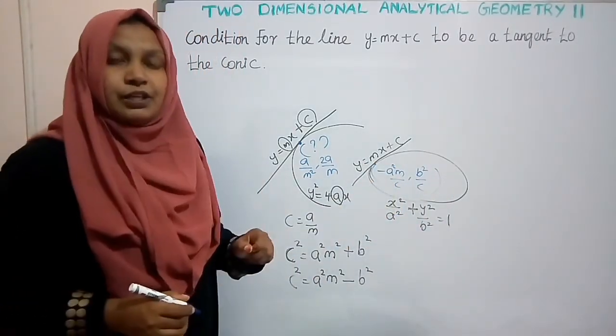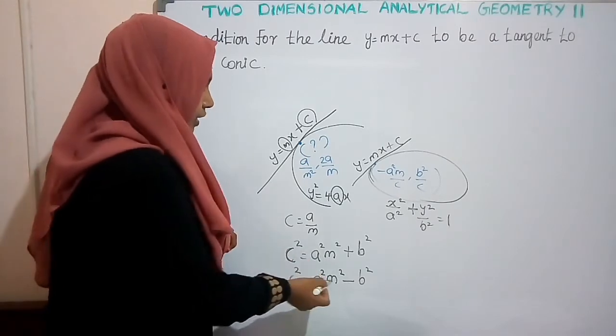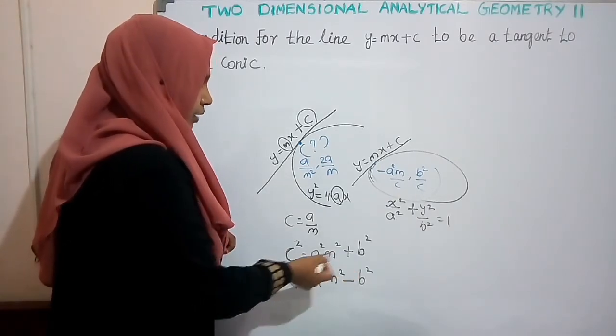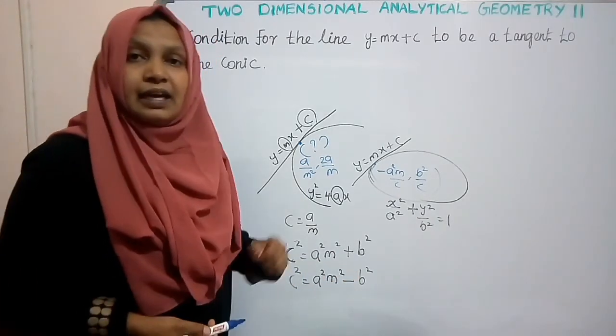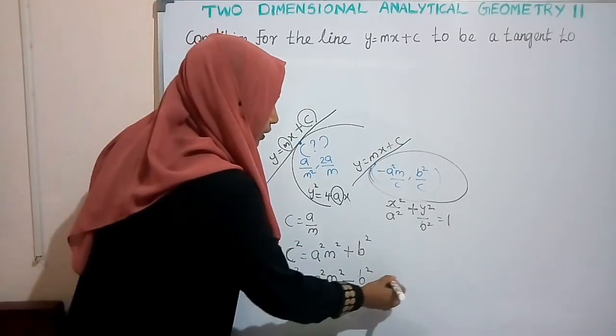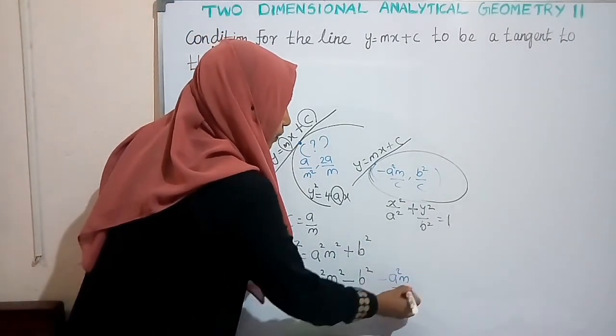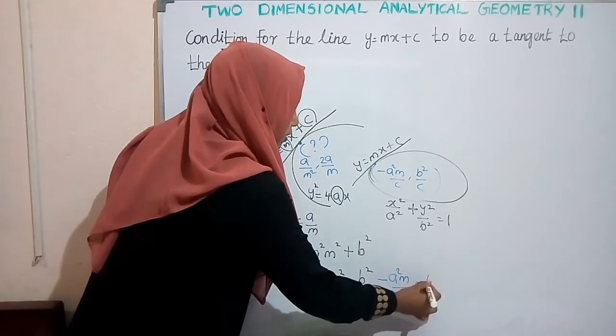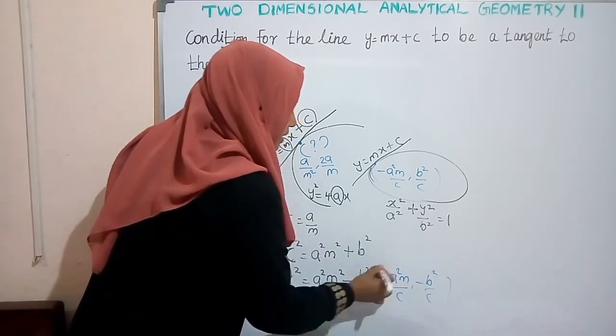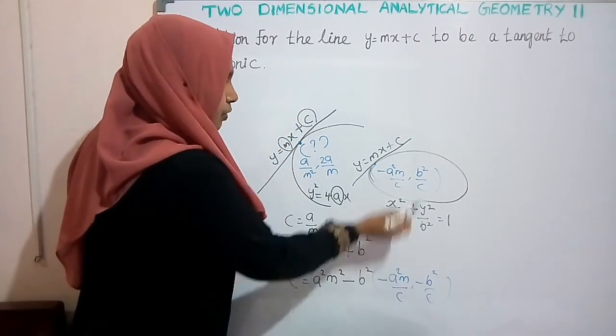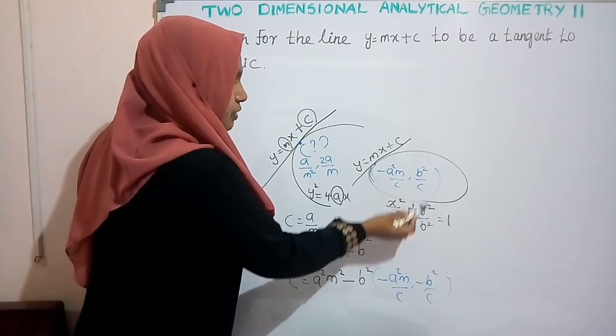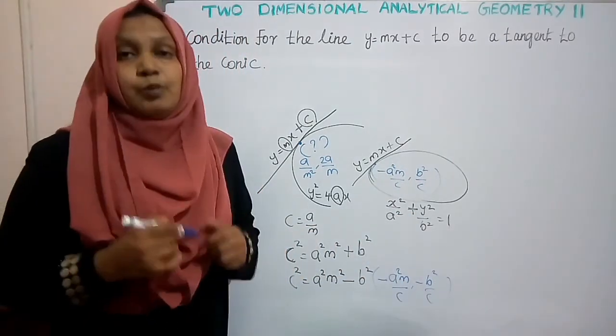Okay, to find the point of contact, we can use the same values of a, b and m, c. And for the hyperbola, the point of contact becomes minus a square m by c comma minus b square by c. Okay, these two are the same, only the sign of b square by c is negative in the hyperbola.